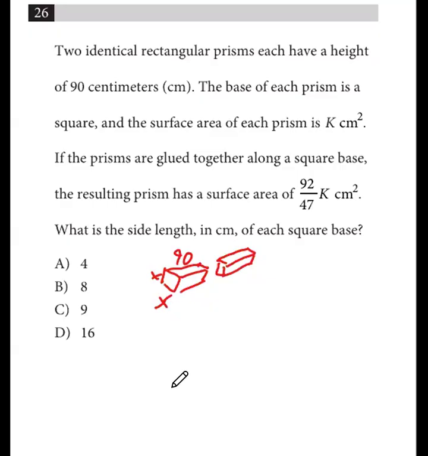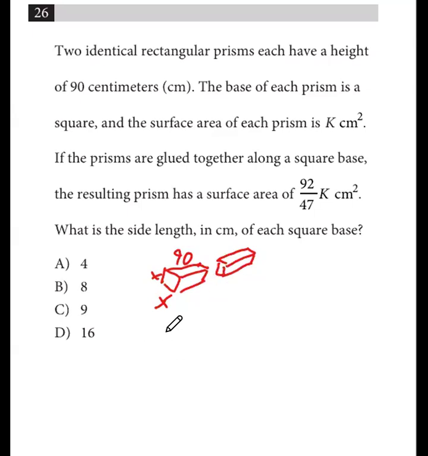So the first thing we have to do is, we have double the surface area. When we glue them together, we just take the surface area and multiply by 2. But then because we're gluing it together on these two square areas, we have to subtract the two square areas from that total.